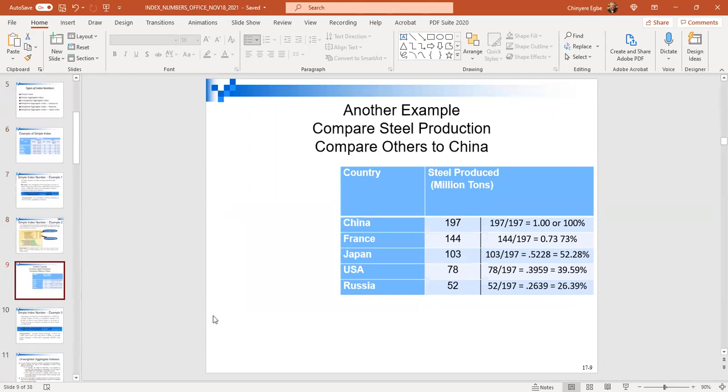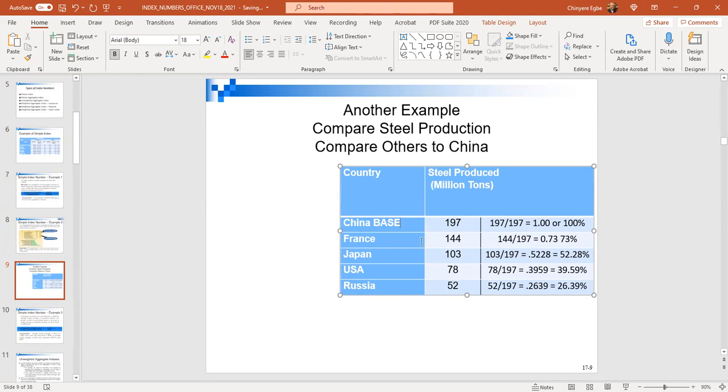This is another example of simple index: steel production, where we are comparing other countries to China. And China, we have 197 over 197. So China is the base unit, the base country. And so we take 197 over 197 and we have 100%. Okay.